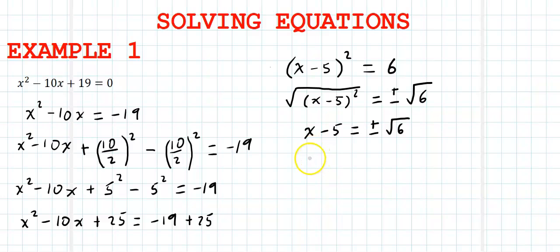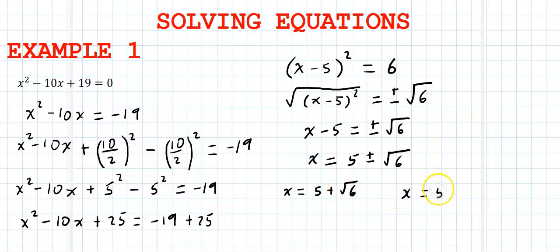So, isolating the variable, x equals 5 plus or minus square root of 6. So the possible solutions are x equals 5 plus square root of 6, or x equals 5 minus square root of 6.